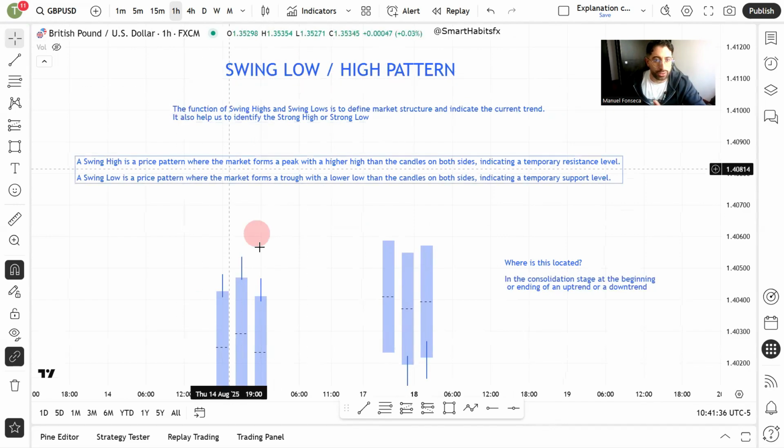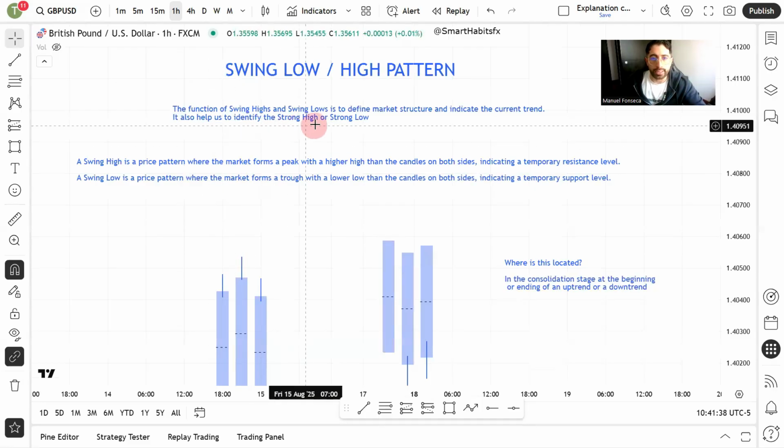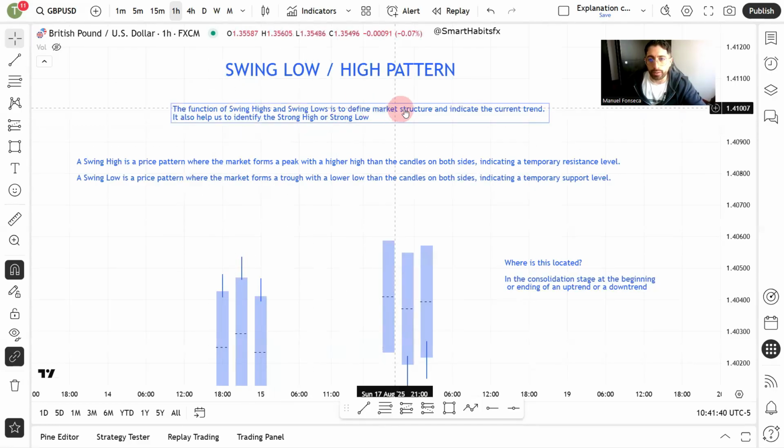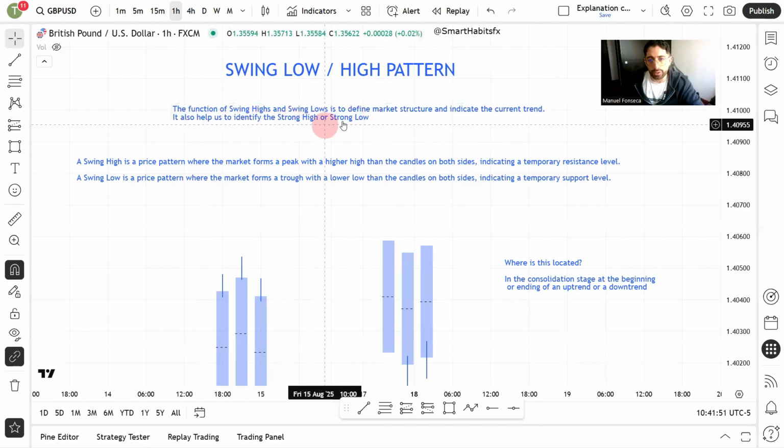Let's read the definition. So the function of the swing highs and swing lows is to define the market structure and indicate the current trend. That's simple to understand. And it also helps us to identify the strong high or the strong low, something we're gonna see in a minute. Okay, so all the impulses we have seen in the explanation of the basic market structure are called swing highs and swing lows.